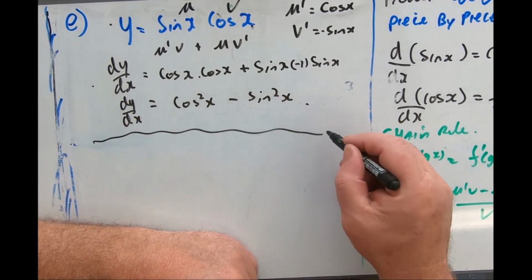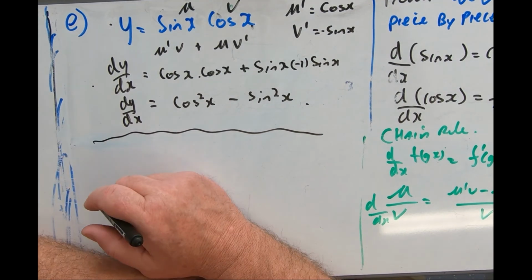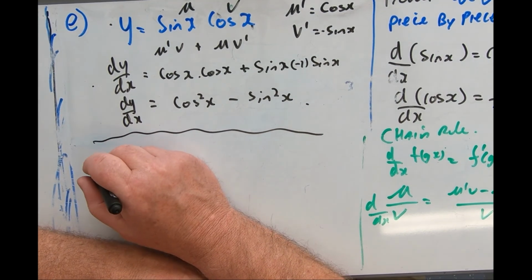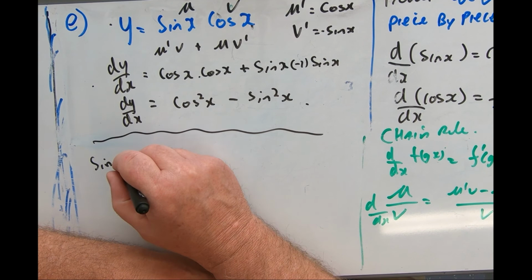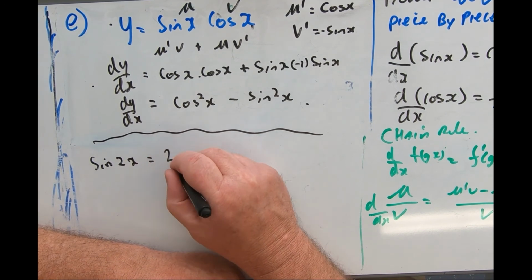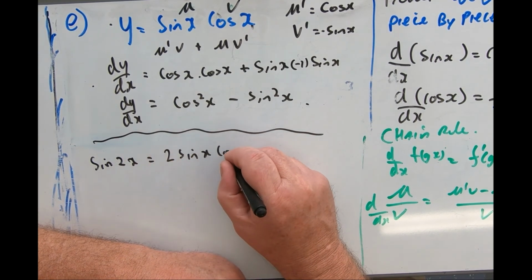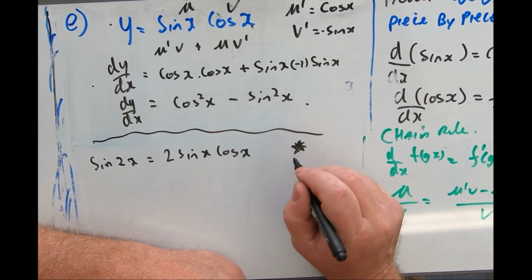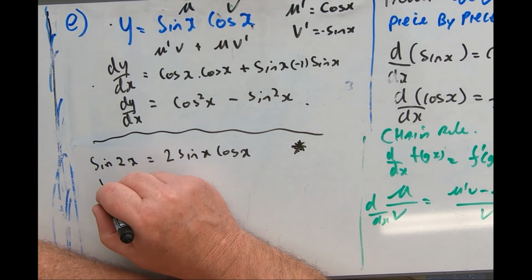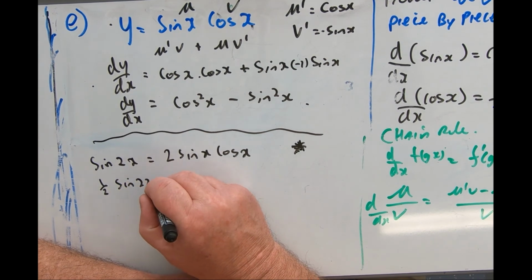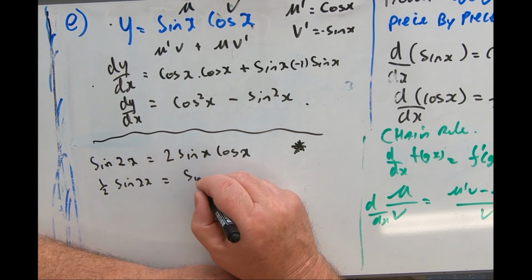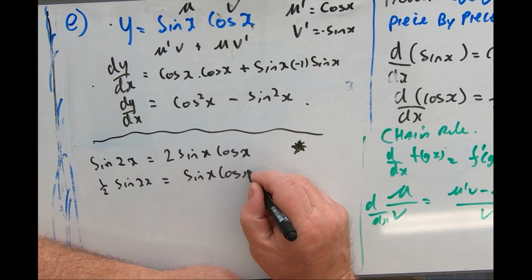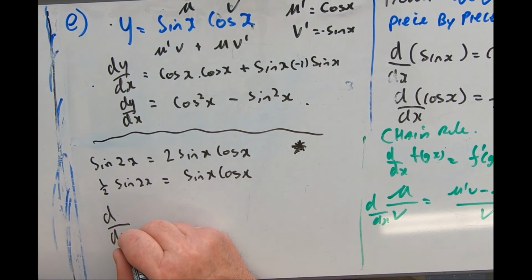All right. As an aside, this could have been written as sin 2x equals 2 sin x cos x. No, this is not for most people to worry about. This is more for the specialist people. So 1/2 sin 2x equals sin x cos x, and you would have done the derivative of this.